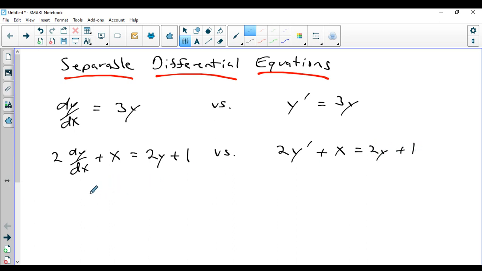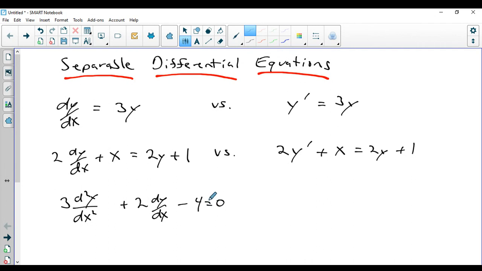We'll go a little bit bananas and do something like this: 3 d2y/dx2, otherwise known as the second derivative, plus maybe 2 dy/dx, and then minus 4 equals 0. Again, it's a differential equation.